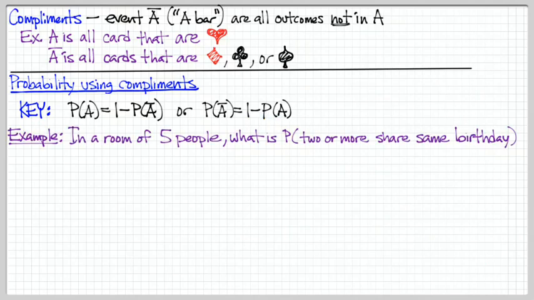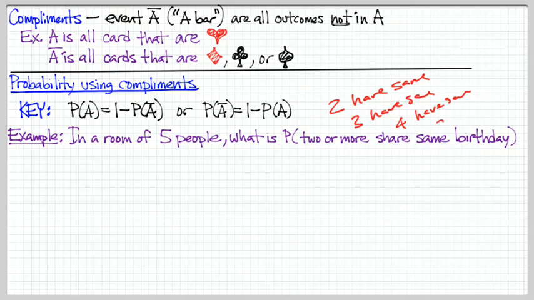Let's take an example. This is called the birthday paradox. If I have a room of 5 people, what is the probability that 2 or more people in that room share the same birthday? So this could be 2 people have the same birthday, or 3 people have the same, or 4 people have the same, or 5 people have the same.